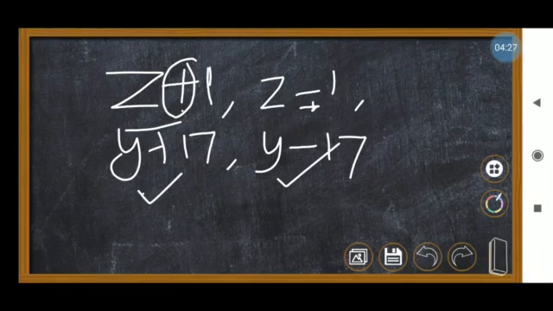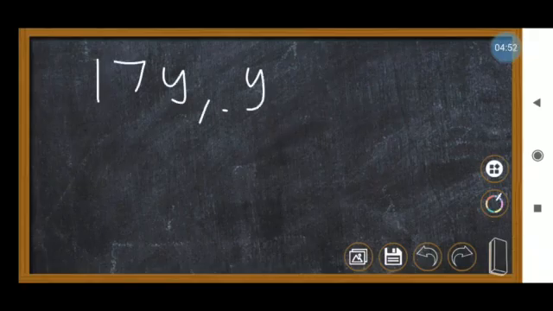We can write it as: 1 is added to z and 1 is subtracted from z, 17 is added to y, or y is added to 17, but here 17 is subtracted from y. One more example I will explain: 17y, y by 17 and 5z.